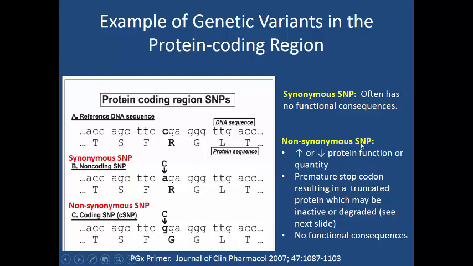Again, that's a non-synonymous polymorphism. And these are ones that tend to be studied quite often in pharmacogenomics. They can result in increases or decreases in protein function or quantity. They may result in a premature stop codon, resulting in a truncated protein, which may be inactive or degraded. Or they potentially could have no functional consequences.